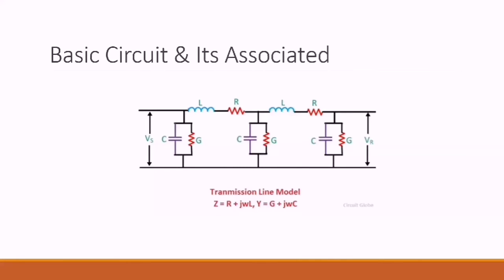Okay, now we will show the basic circuit and what is associated with the transmission line. From the diagram, we can see there is voltage, inductance, capacitance, and conductance in this model of the transmission line.